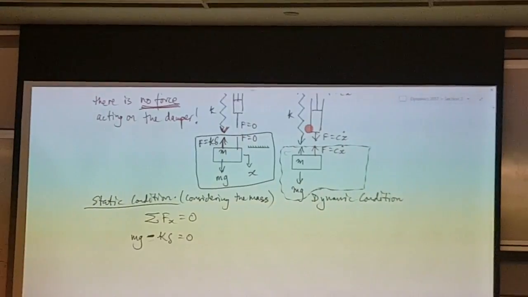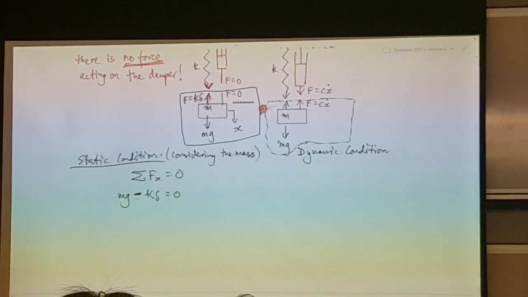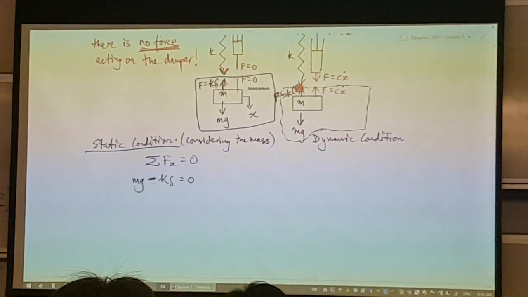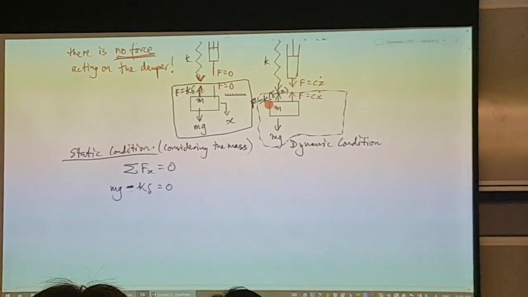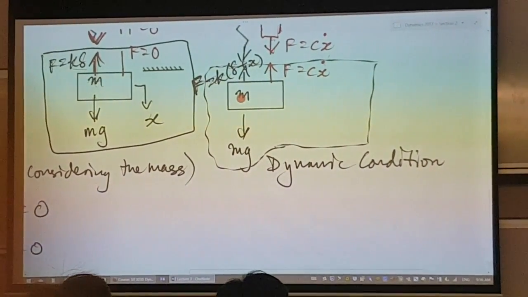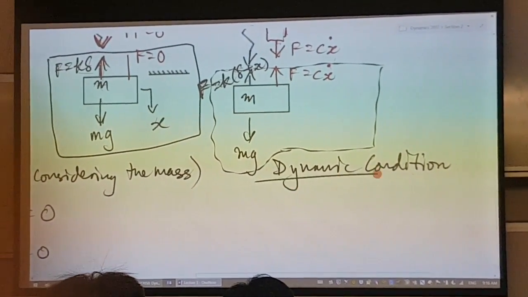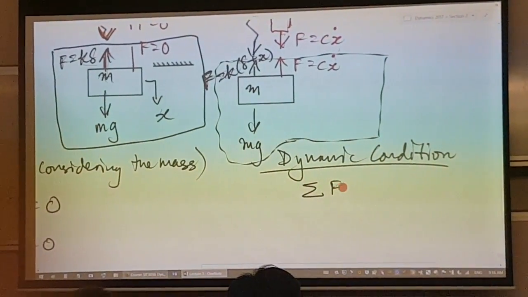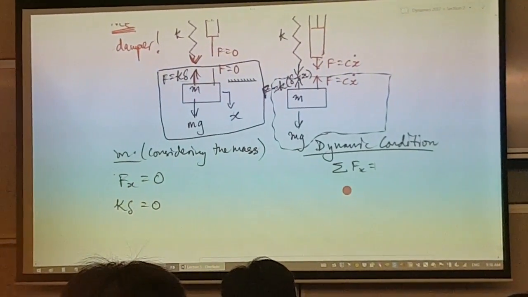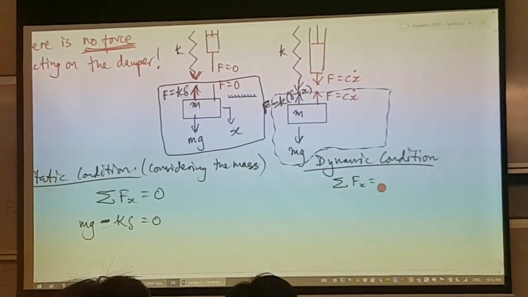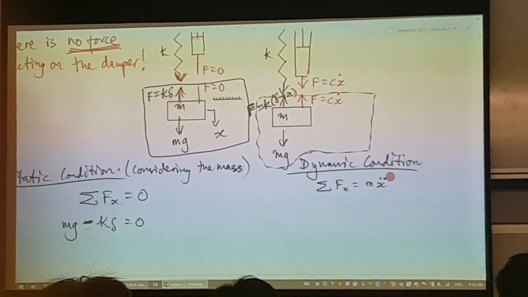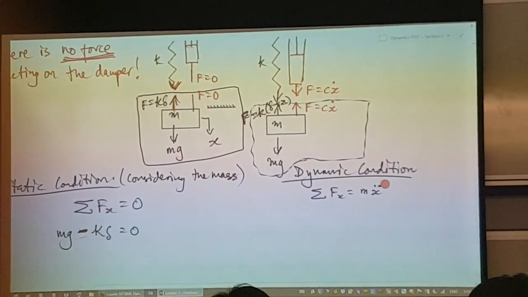The force for that spring, F, is equal to K delta plus X. So do the same thing, summing up the forces in the direction of X, and because it's dynamic condition, it's equal to mass times acceleration.